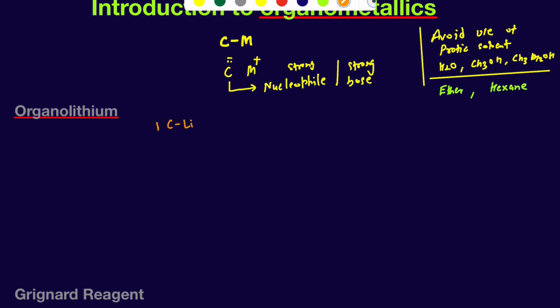Obviously I can have a CH3, or generically I can just write this as RLi. Now what I know about this bond is that it's going to be very polar, or I can say very ionic, because lithium is way over on the left side of the periodic table, so there isn't a huge electronegativity difference. So I can rewrite this as CH3 negative and Li positive, and generically I can write it as R minus and Li positive.